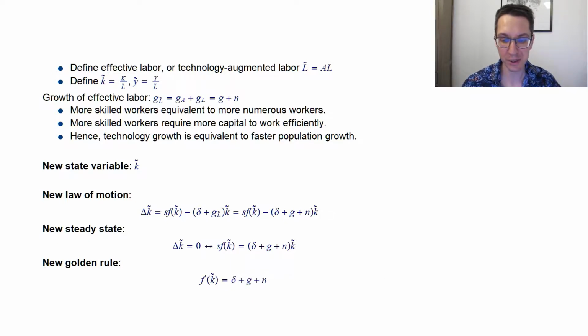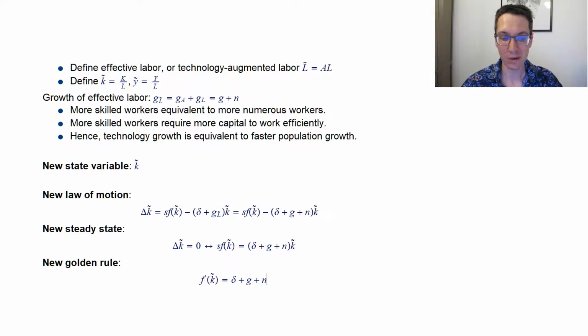And again, the intuition here is that in terms of capital per effective worker, the more the population goes up, and the more technology advances, the less we should strive to have much capital per effective worker, because the amount of effective workers increases so fast that it would lead to basically over-investing. So it's best to invest a bit less.